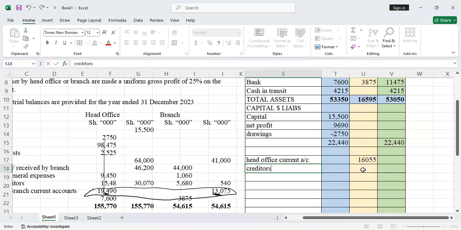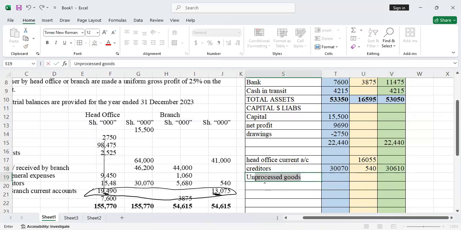The head office has creditors of 30,070, this one, where the branch has 540. Combined is going to be that sum total.